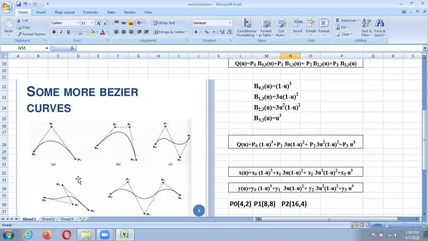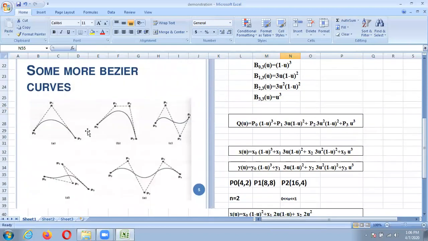Now consider some more examples of the Bezier curve. When you consider control points like this, that is P0, P1, P2, then your curve becomes like this. When you consider 4 control points in this fashion, we get this curve.